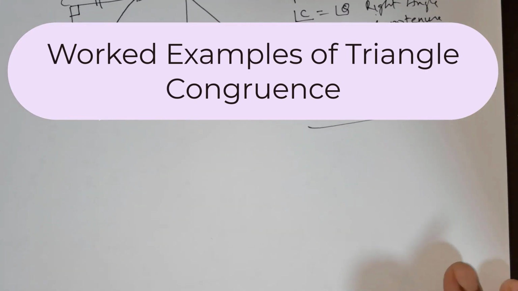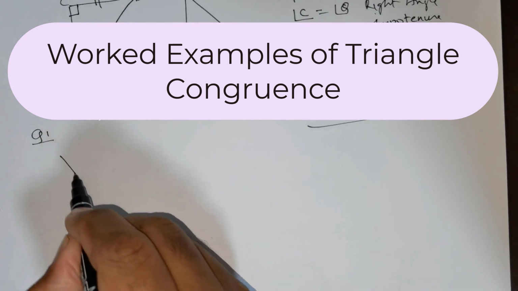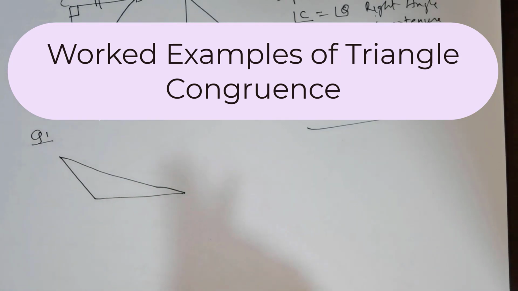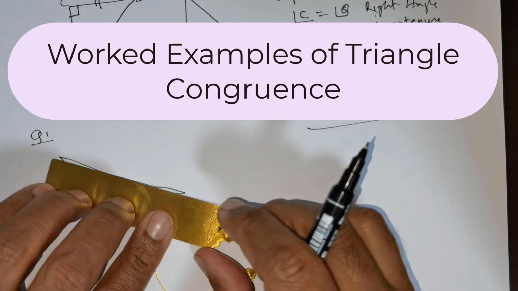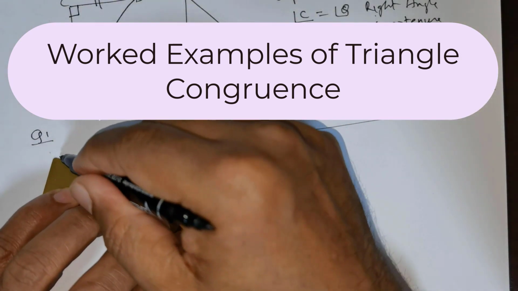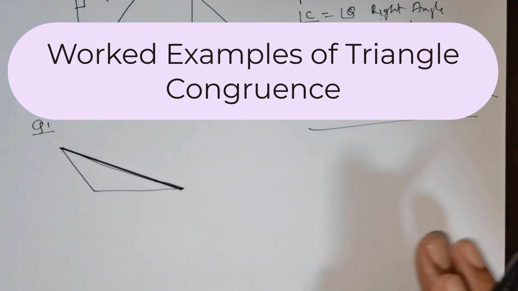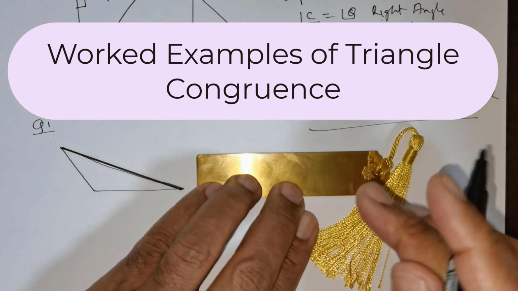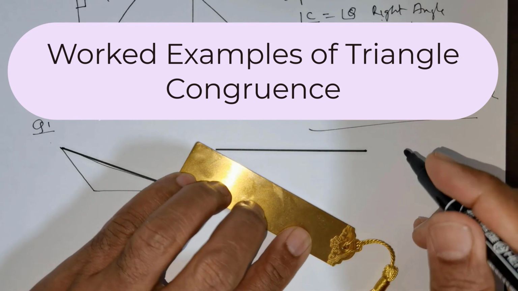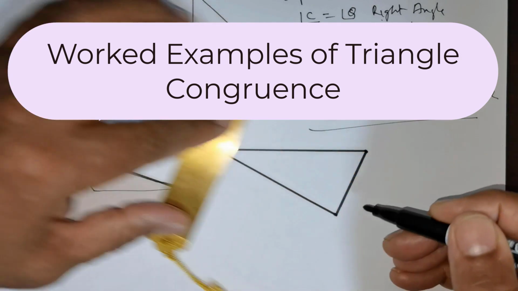Let's do this question, students. So this is question number 1. We have been given 2 triangles. So it's a triangle there, and then you got a triangle here.